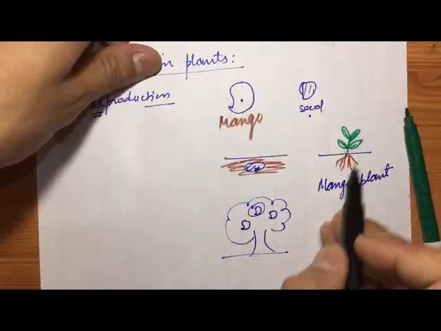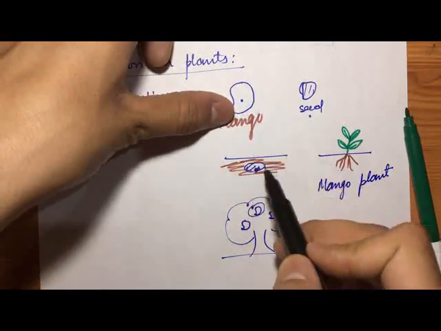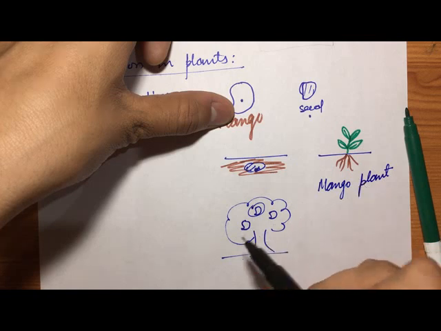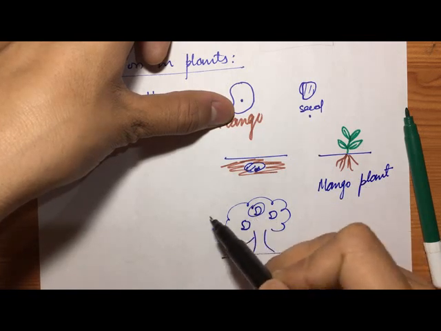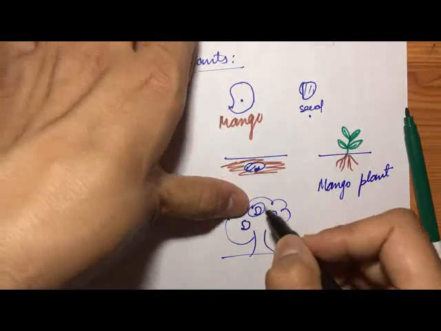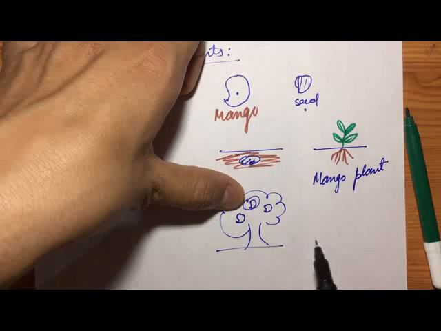This is called reproduction, that I have buried a mango, it will give me a mango plant, it will give me a mango tree, it will give me another mango, and I can bury the seed of this mango again. So this mango will reproduce another tree. Suppose that after eating this mango, I have buried that seed over here.